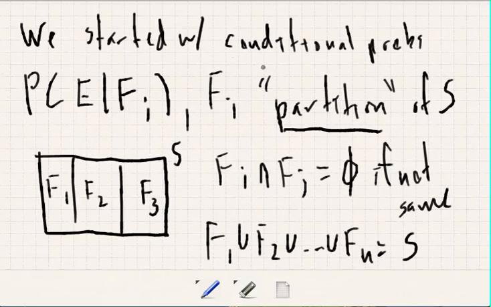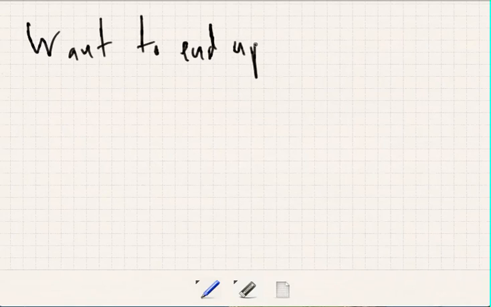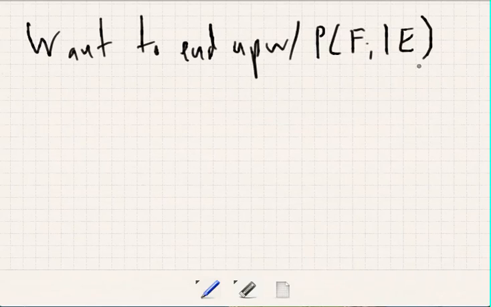So we're given a bunch of conditional probabilities of some event given some sort of partition. In our case, it was Gingrich, Romney, and Cain. Then we started with these conditional probabilities and instead wanted to end up with the conditional probabilities of each of the things in the partition given the result.